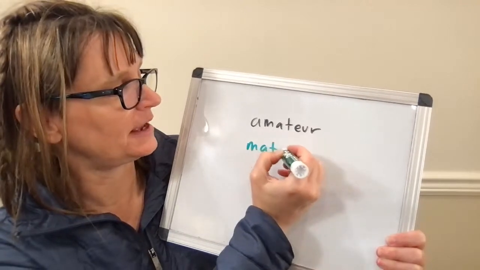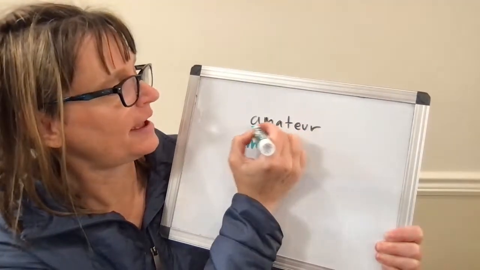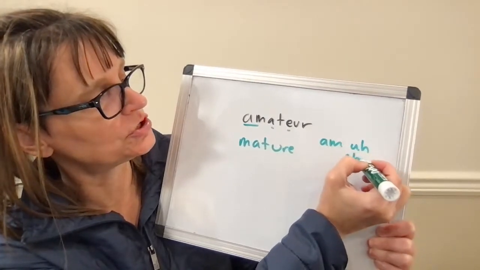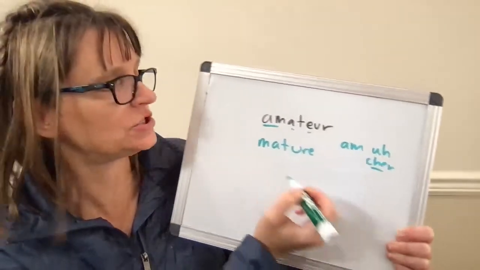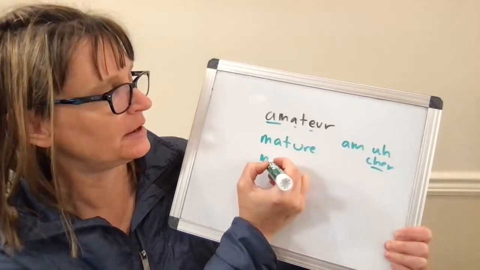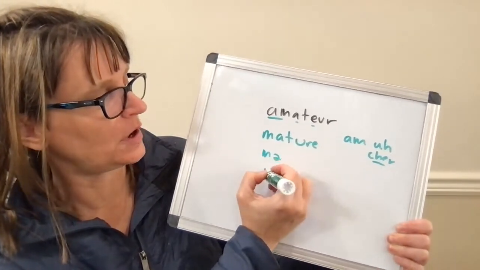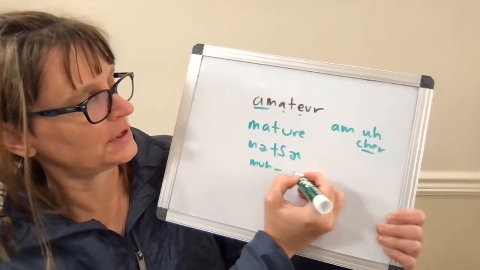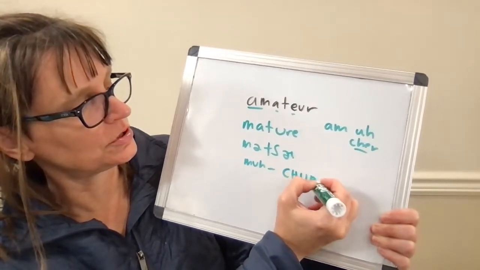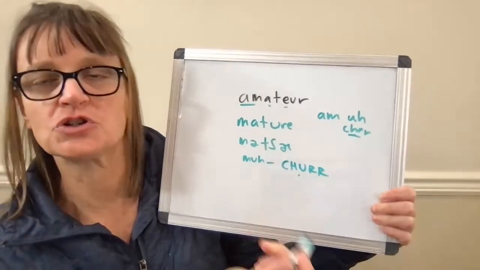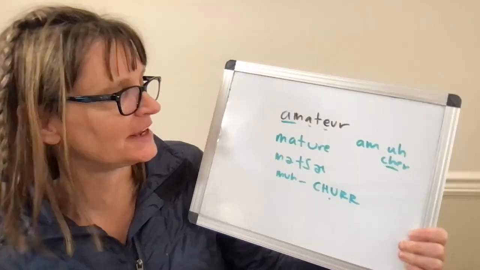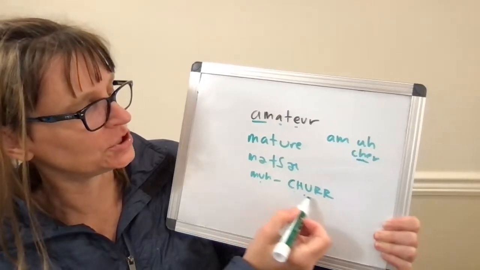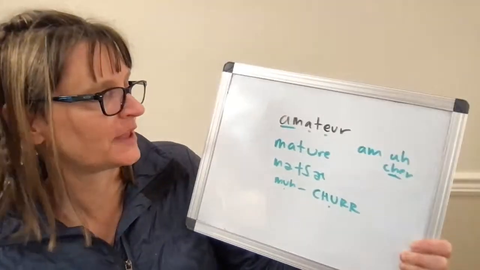Whereas we say amateur with a ch, and for mature we say ma with a schwa, mature. Two ways, same sound, chur. We just have that sound and the ch sound. So amateur, first syllable stress, and mature, second syllable stress.